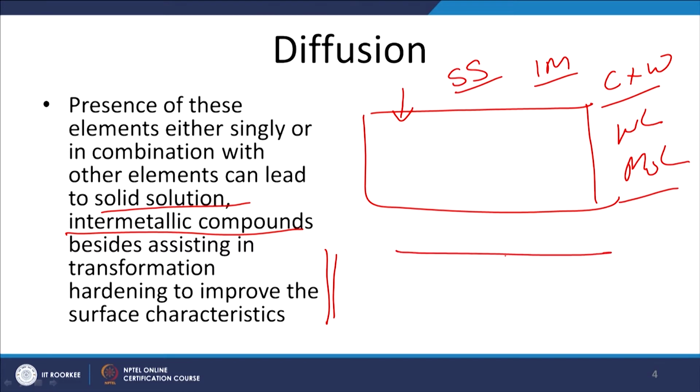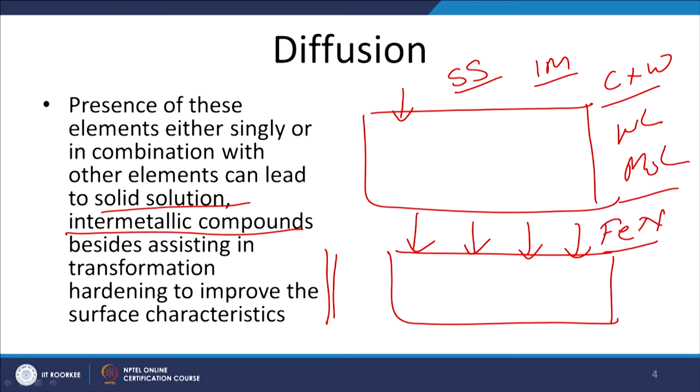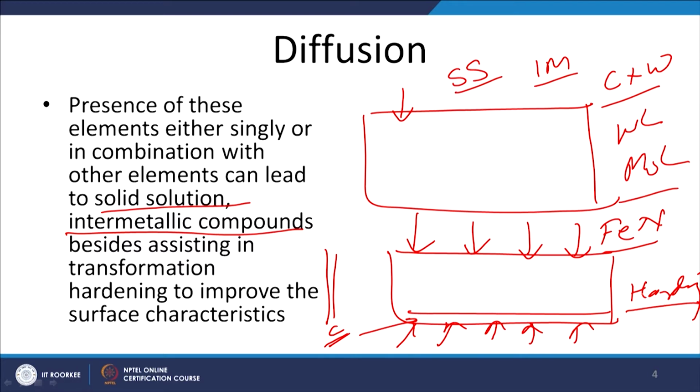One example of this is nitrogen addition, which simply leads to the formation of iron nitride to improve the properties, while the addition of carbon near the surface layers simply enriches the carbon content. But to have the required set of properties, we have to follow a suitable hardening treatment, so that whatever carbon has been enriched is able to form martensite of the required hardness to improve the surface properties.